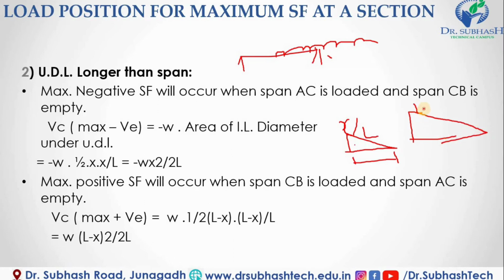It should be L minus X upon L. Again the intensity of UDL, calculating 1/2 L minus X into L minus X upon L. The span is L minus X, and the intensity of the triangle is L minus X upon L, multiplied by the distance L minus X, and for the triangle property it should be multiplied by 1/2. So finally for the positive shear force we found W L minus X squared divided by 2L.